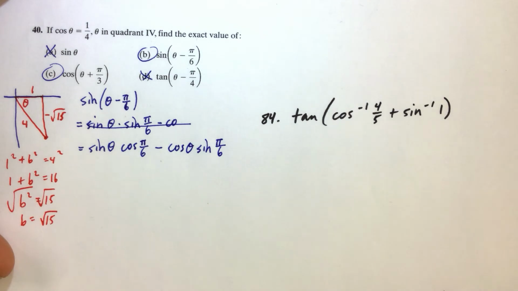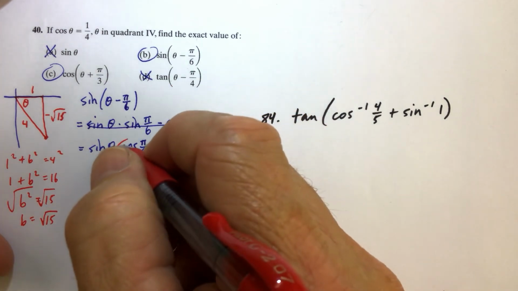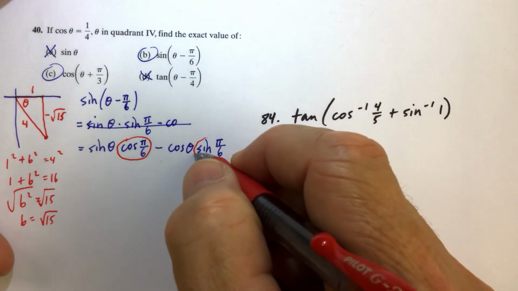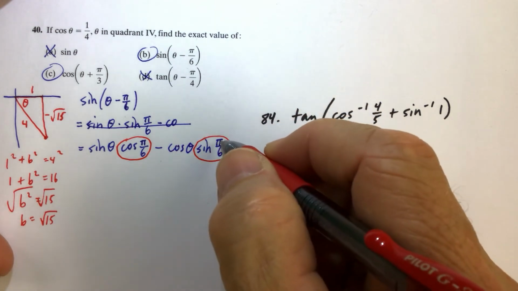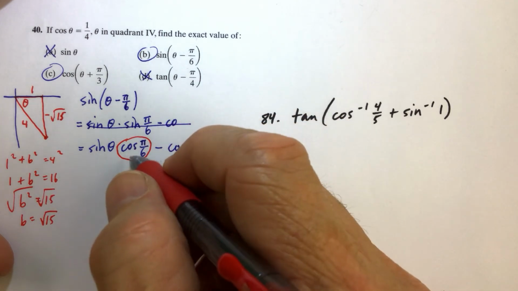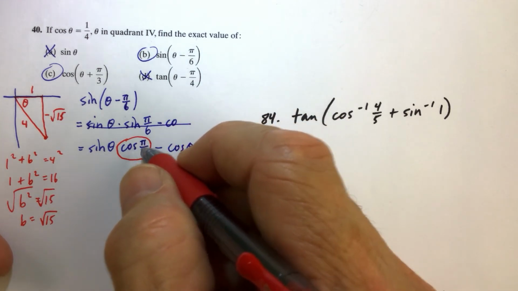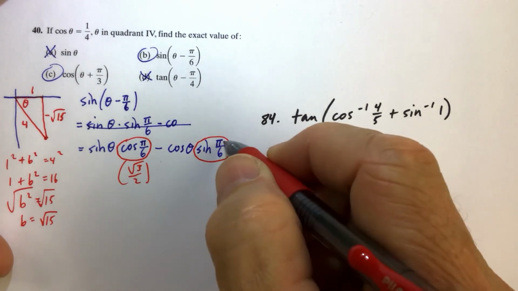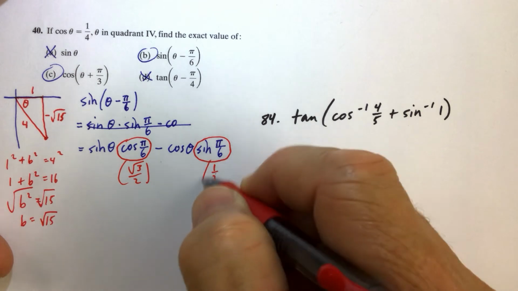Now, sometimes this can be a little bit confusing when you mix a well-known angle with just theta, but we already know that the cosine of pi over 6 is always radical 3 over 2. Sine of pi over 6 is always 1/2.